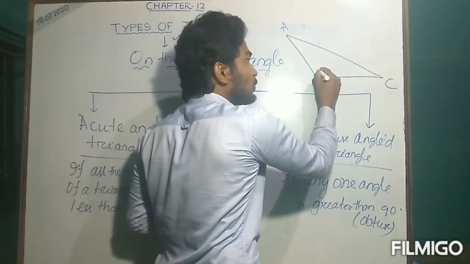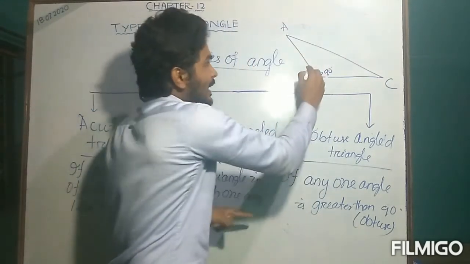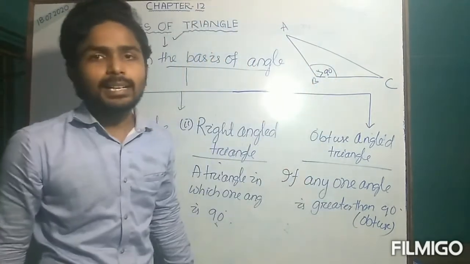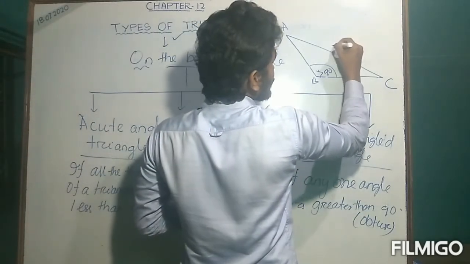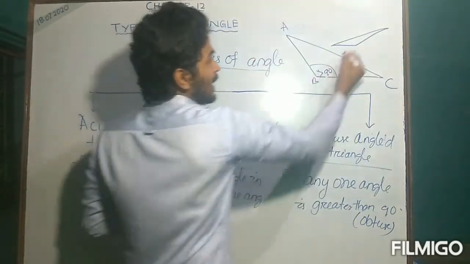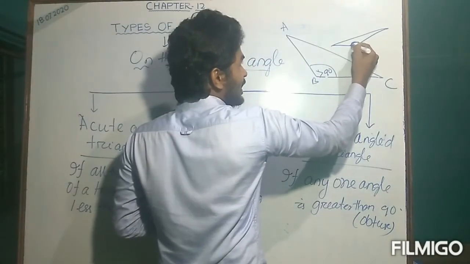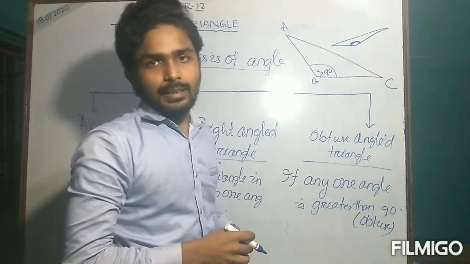That means it is obtuse. This angle is obtuse, so it is an obtuse angle triangle. Okay. You can take one more example also. Suppose this. Here you can say this angle is greater than 90 degree. So it is also an obtuse angle triangle.